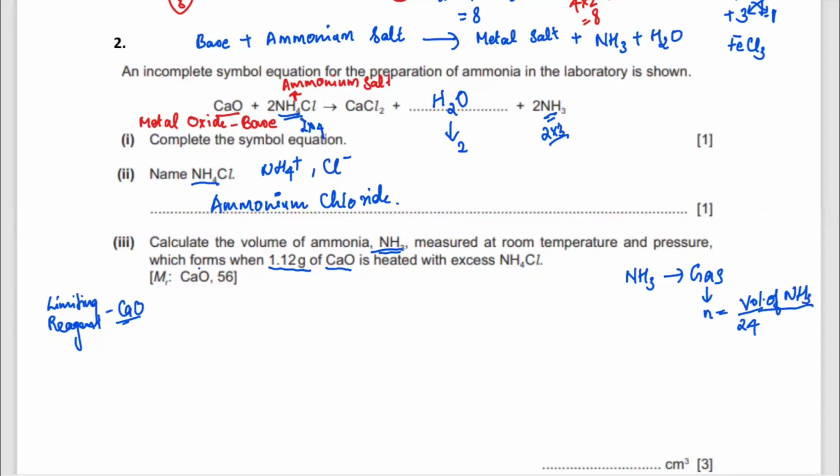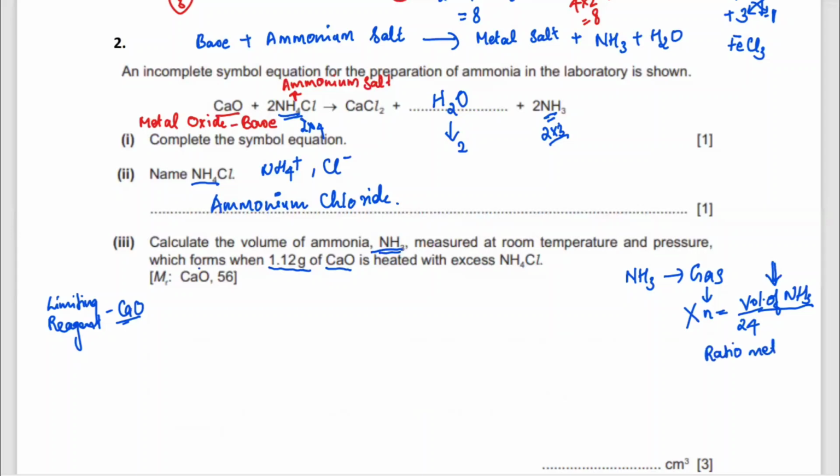But if we look at the question, can you see it and tell me whether the volume of NH3 is given? Yeah, the volume of NH3 is not given in the question. So we can't use this formula to find the number of moles of NH3. Instead, what will we use? We will use the stoichiometric ratio method.